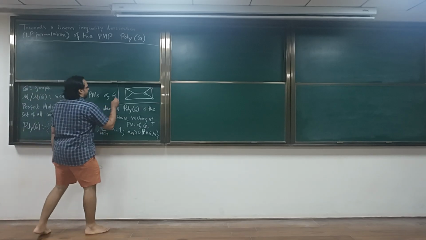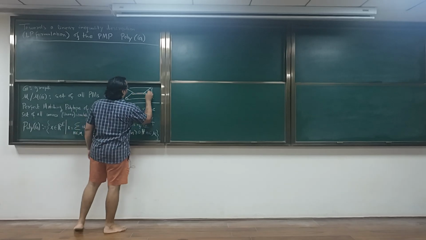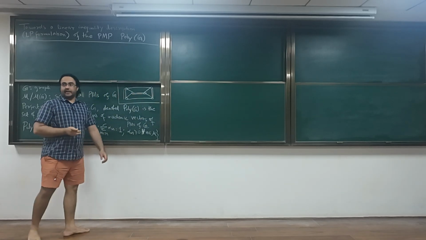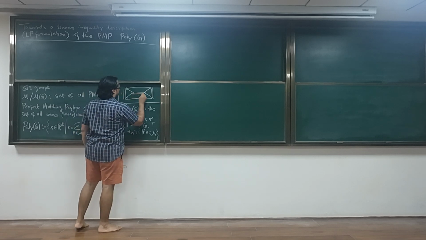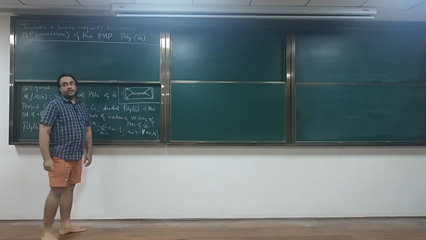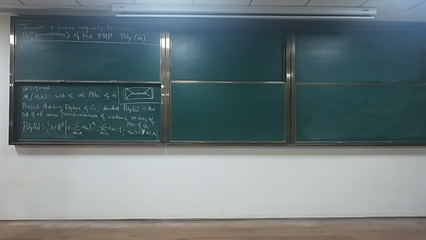Now let's think of a perfect matching and the corresponding vector. The corresponding vector is a 0, 1 vector, the incidence vector, with ones in the entries that correspond to edges that belong to the perfect matching, and zeros everywhere else.